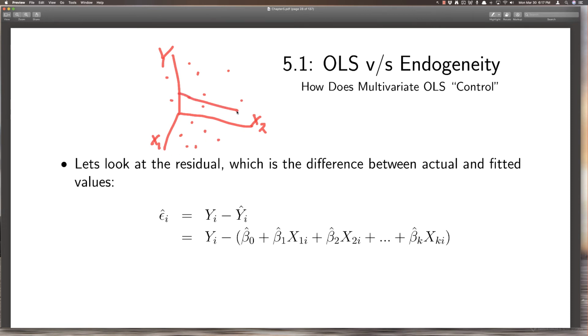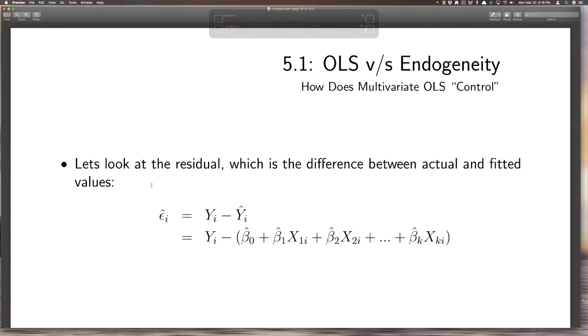I'm not going to be able to draw that very convincingly, but you get the idea. But it's still about the slope of the line, still the slope given the x and y axis. So we can still think about it in terms of that 2-dimensional picture when we're trying to intuitively understand what's going on. So now let's go into a little bit of the math of this. Here's our old friend, the residual. Remember, the residual is just the difference between the actual value of y and the fitted value of y.